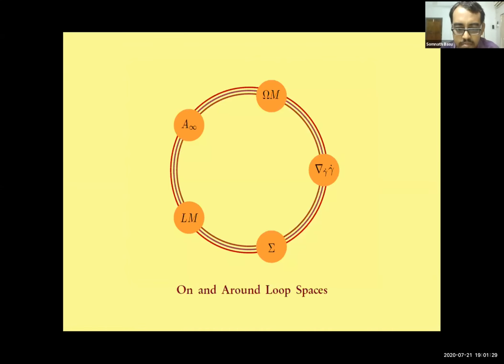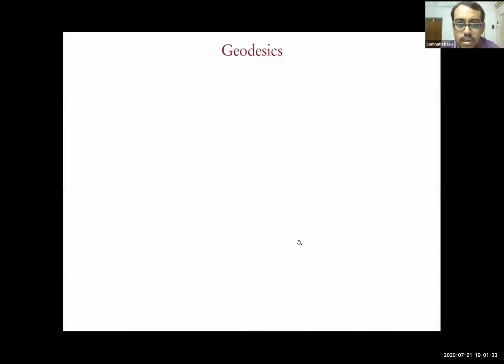Okay, just a second. So these are called closed geodesics. If you set it equal to 0, then for those of you who have taken Riemannian geometry, a geodesic is defined by the equation nabla gamma dot gamma dot is 0. But let's take a step back and ask, what is a geodesic in general?